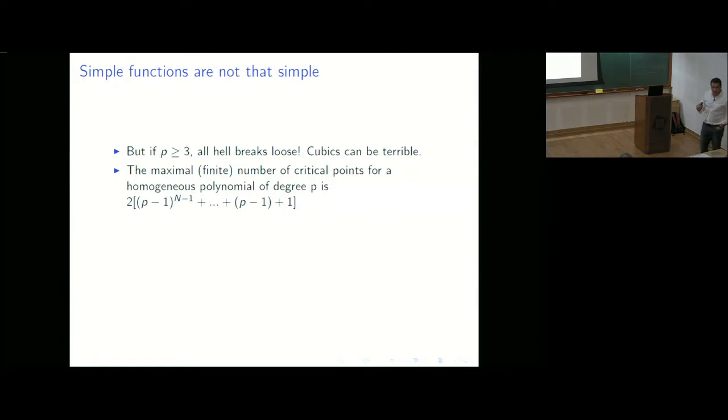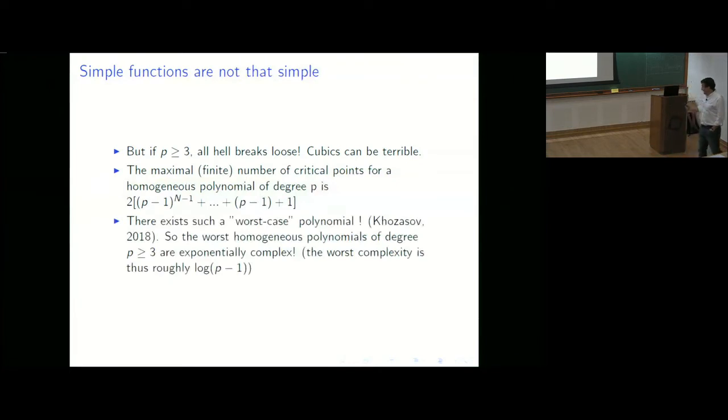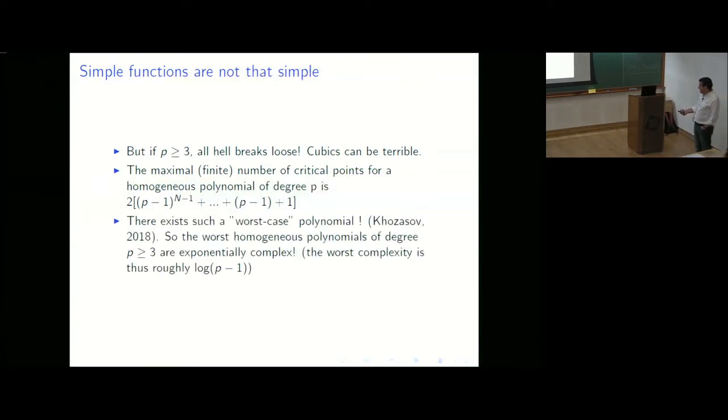So you have terrible polynomials on the sphere. For a polynomial of degree 3, the number of critical points is exponentially large. And I can tell you the number of local minima is exponentially large. But you could say, okay, first there exists such a worst case polynomial. In fact, to my surprise, this has been proven in algebraic geometry only very recently. So the worst homogeneous polynomials of degree 3 are exponentially complex.